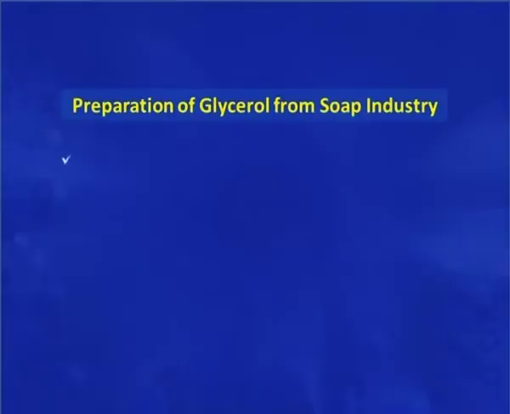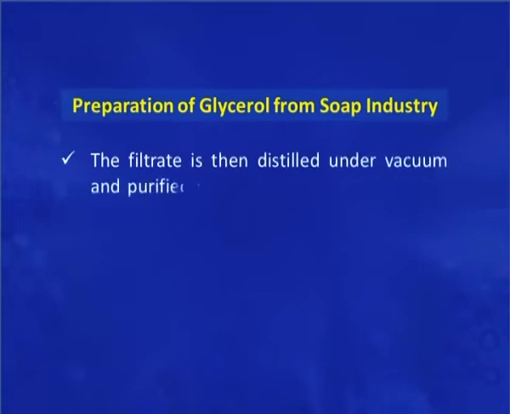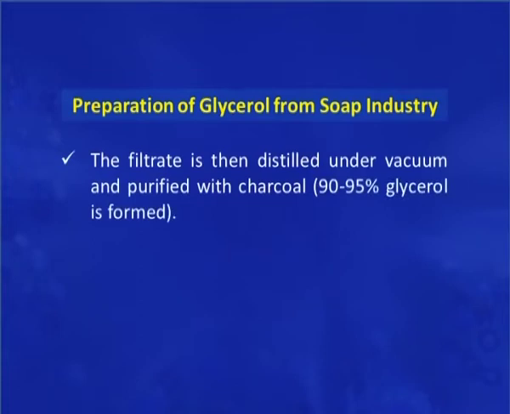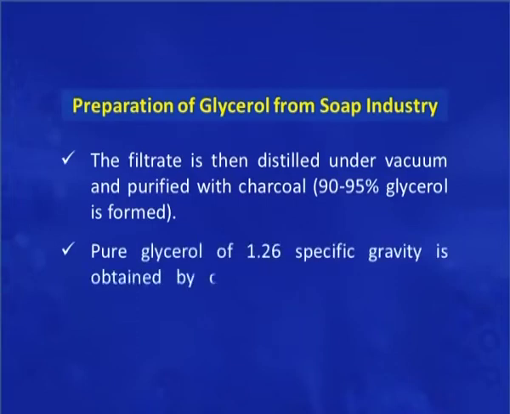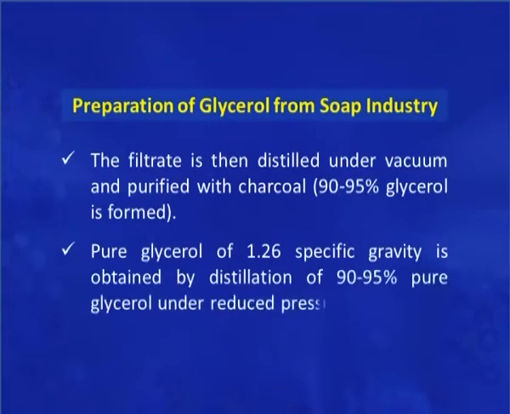After the separation of this dilute glycerol solution, the whole solution is distilled in vacuum in the presence of charcoal. As a result, about 90 to 95% glycerol is formed. Now, from this 90 to 95% glycerol, pure glycerol of 1.26 specific gravity is obtained by distillation under reduced pressure.